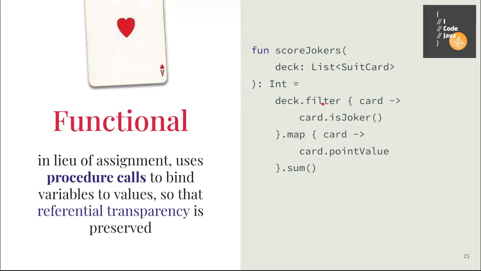This filter function returns this list again. I can map over this list, pass in another function, and then I can do the last value over here. And here, this function returns a single value. So I could go something like a equals score jokers, where you can see it's a value that I'm assigning and I'm swapping in a function instead of another value.